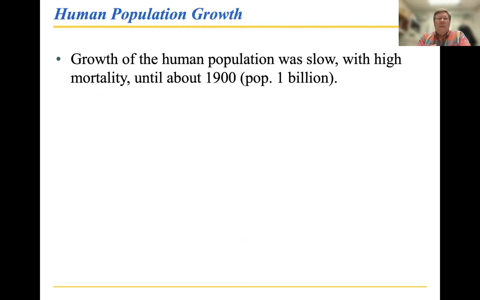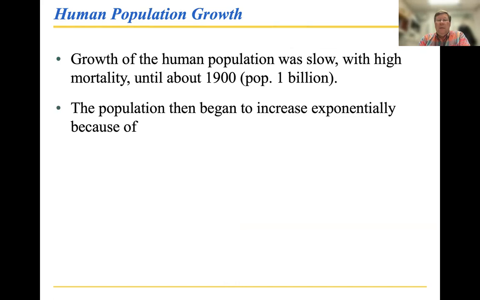Now, to finish up this discussion, let's talk about the human population and how it grows. Well, it's been growing, clearly, growing a lot. About 1900, you had maybe 1 billion people, and then it began to increase. Why would the human population suddenly, after thousands of years, get much bigger, much more quickly?